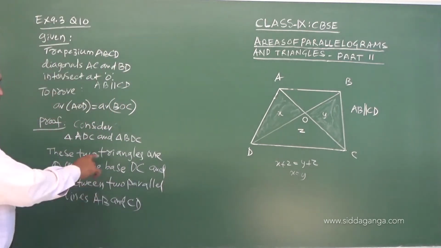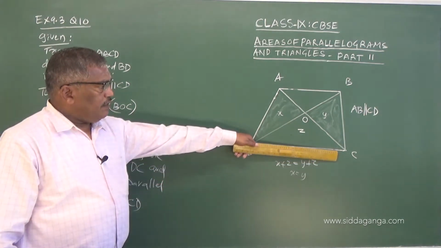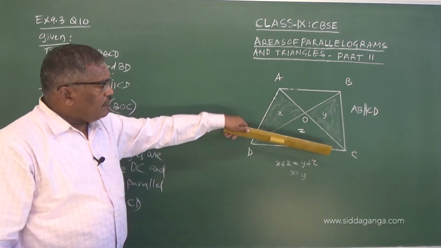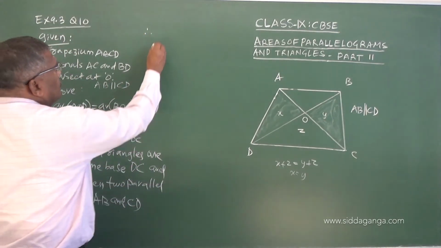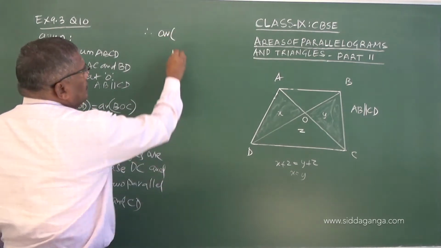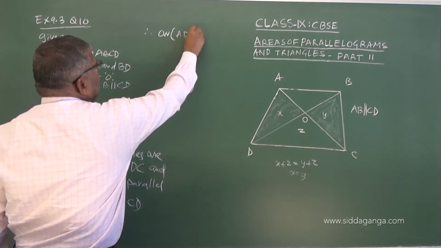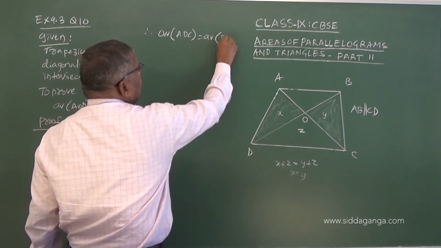Now when such a situation arises, they are resting on the same base and between two parallel lines. Therefore, the areas of these two triangles, area ADC will be equal to area BDC.